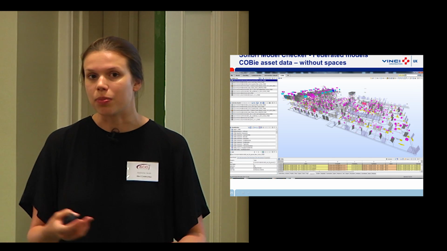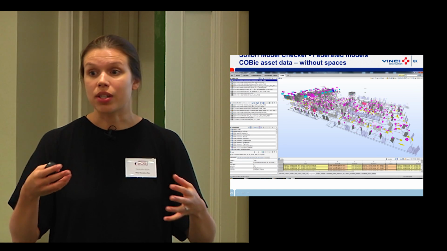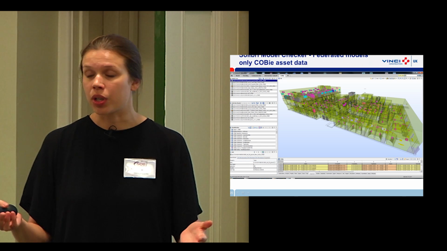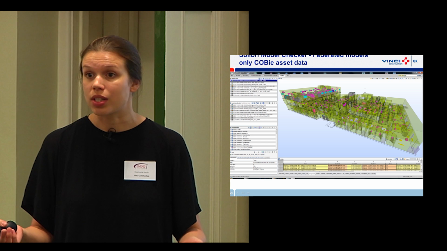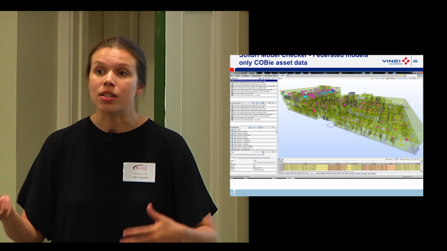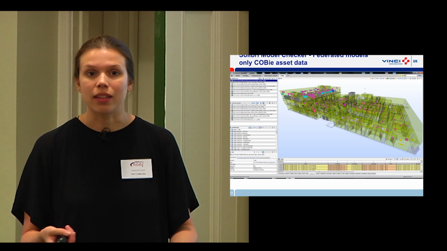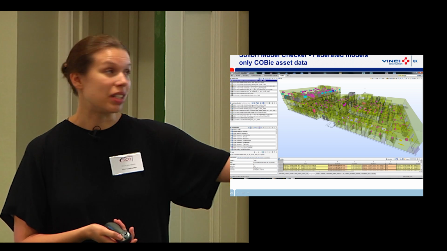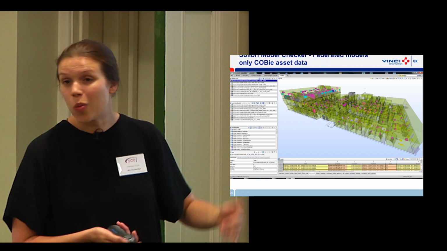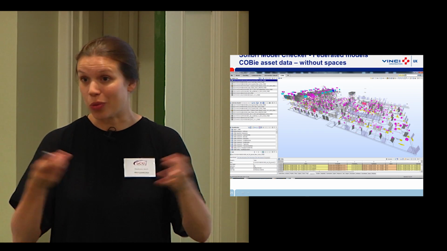It's unmanageable for them. So what we do is go through this kind of sense checking process with the client and saying, right, you only want to know information about the assets you're going to service, because that's going to help you in operation and maintenance. So you want to know about your radiators, your boilers, the things you're going to maintain. So on this project, what you can see, this is a hospital. What you can see here is what we actually handed over with all of this information.